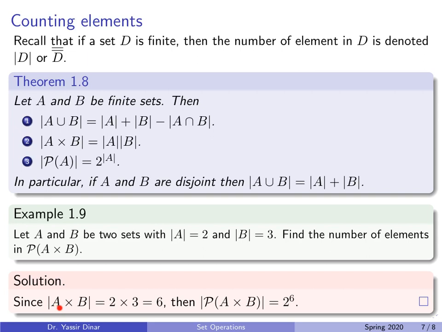First, the number of elements in the cross product is equal to the product of the number of elements in the two sets. So the number of elements in A cross B is equal to 2 multiplied by 3, which is 6. And the number of elements in the power set is 2 to the power of the number of elements of the set. We found that it is 6, so the number of elements will be 2 to the power 6.